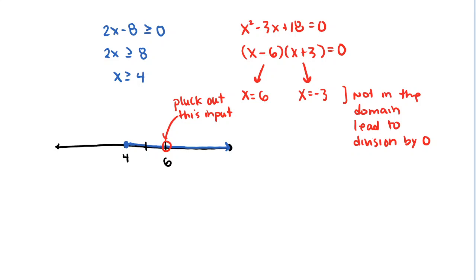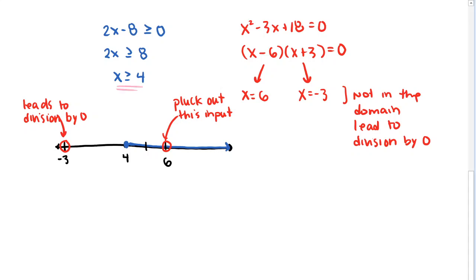And then out here, there's another point, negative 3. My number line isn't perfectly scaled, but hopefully it's clear here. So negative 3 also leads to division by 0. It should not be included in the domain, but it wasn't going to be included anyway, because we already knew that the x values ought to be greater than or equal to 4.